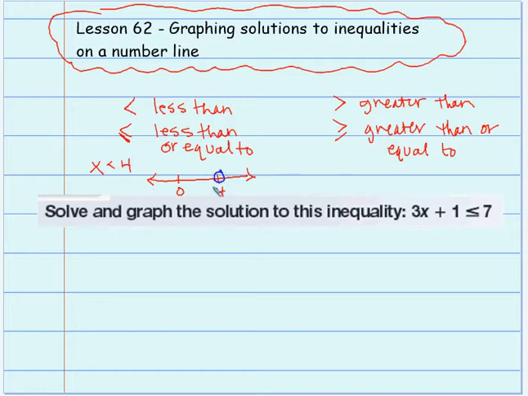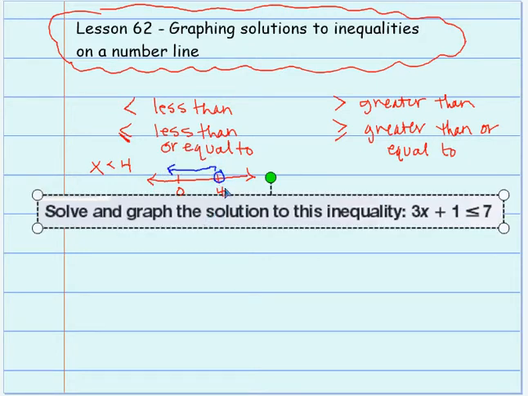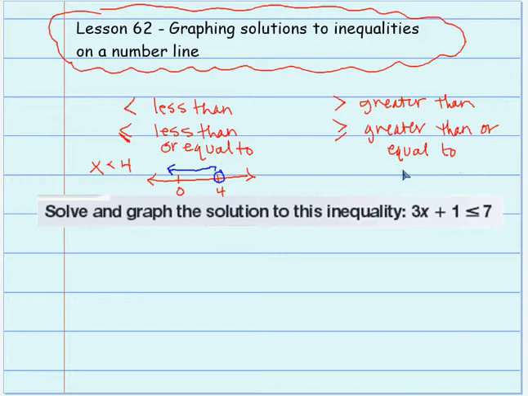So we would leave the circle open, and then what I suggest that you do is not try to draw right on the number line that you draw, because that is difficult to interpret. But if you just go up above the number line and draw an arrow, that's sufficient. Now, what that arrow means that you just drew is it's showing you every single solution.